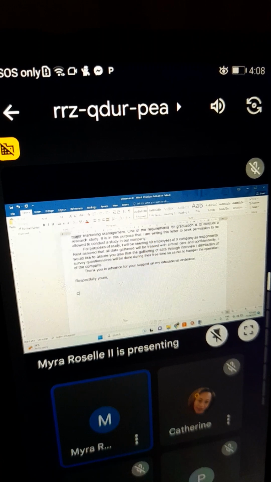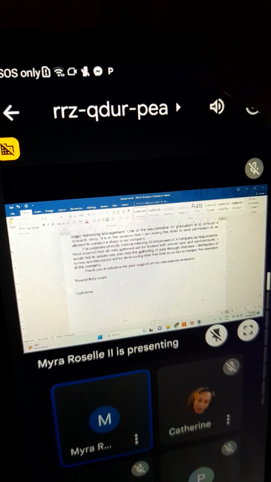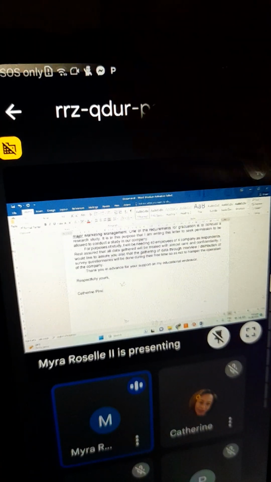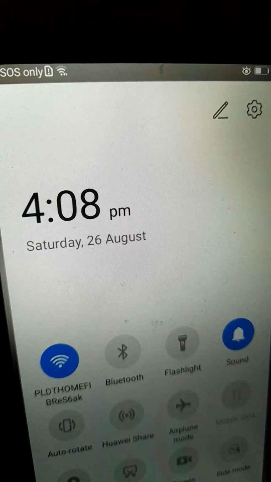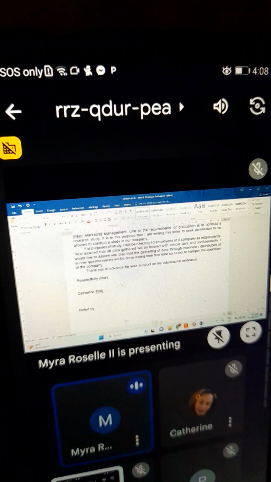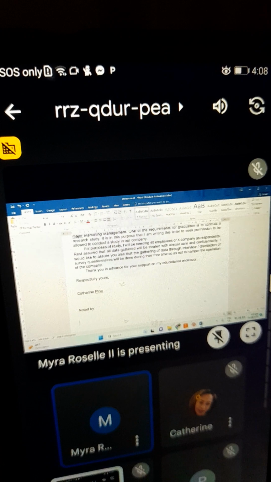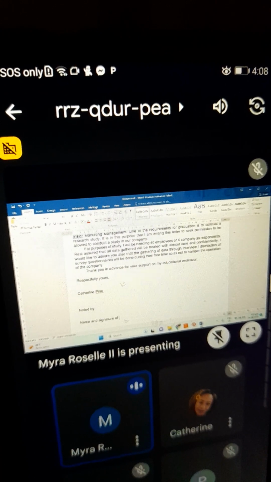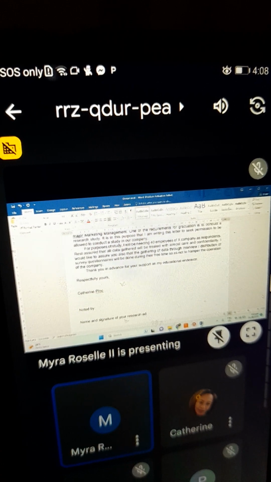Then, below, noted by, the name of your research advisor, with the signature of your research advisor. Okay.